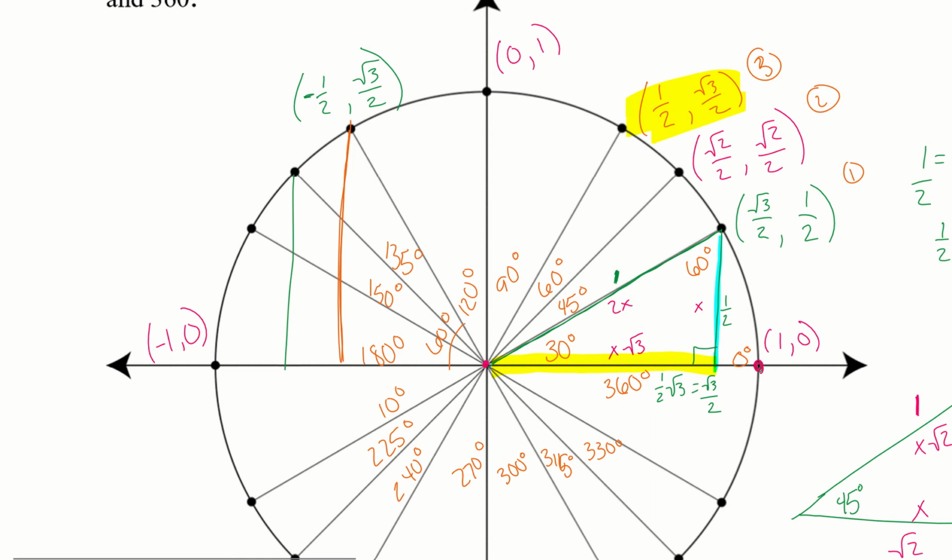Both the legs are going to be the same. It's going to be the exact same as the other one. But remember, we are in quadrant 2, so that means our x value should be negative. Okay, and then we have my next one over. This one is our 30 degrees, so it makes sense that it matches with my 30 degrees on the other side, but with a negative x value.